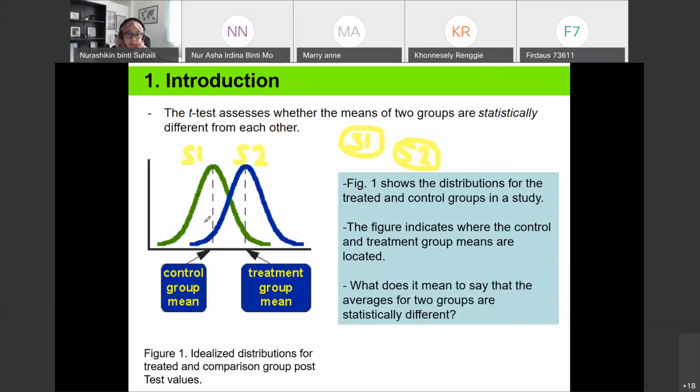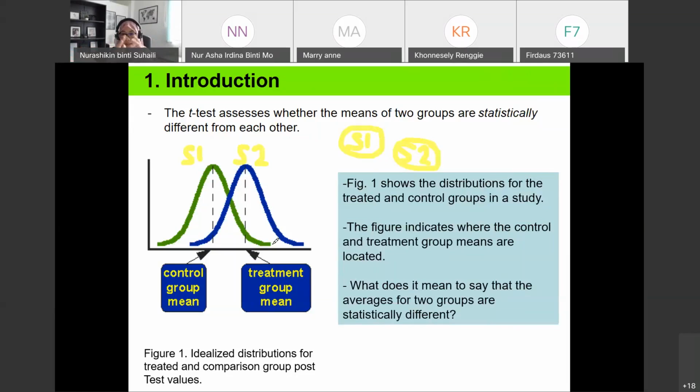Okay, so let's say two samples, and each of them has its own distribution. What is meant by distribution is the coverage of the whole data. So let's say sample 1, you are talking about the weight of students, a sample of students from FSTS, our faculty.